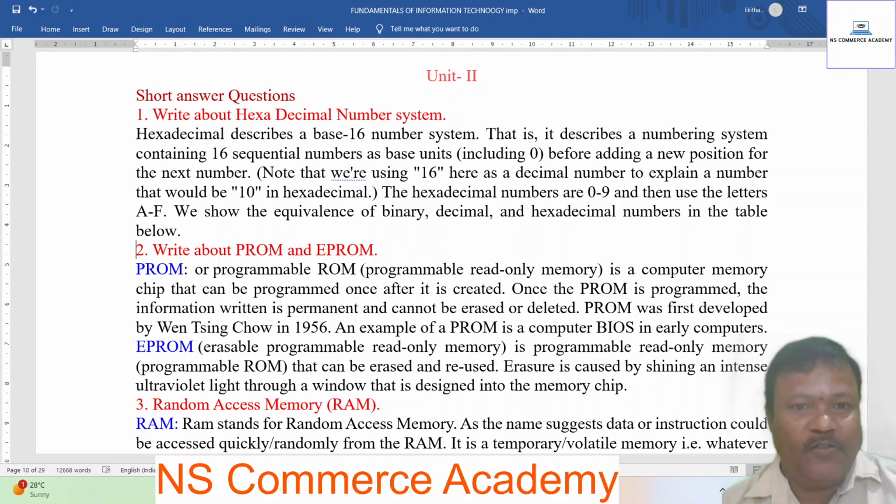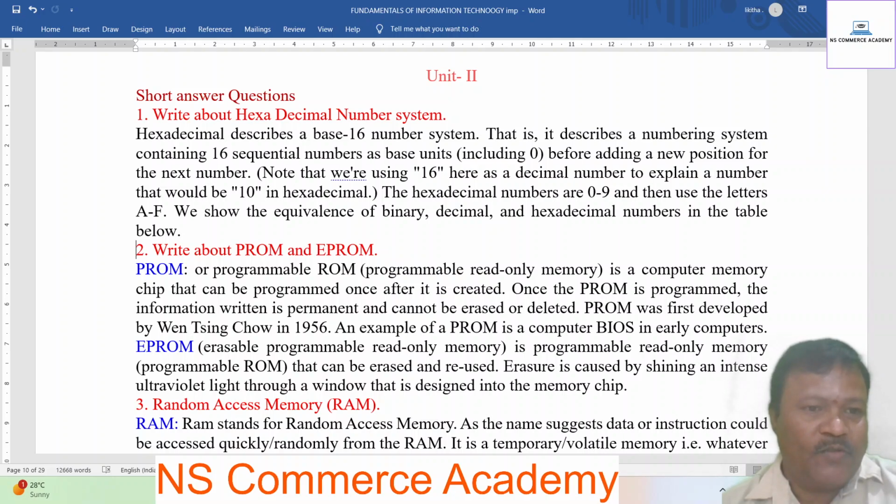Note that we are using 16 here as a decimal number to explain a number that would be 10 in hexadecimal. The hexadecimal numbers are 0 to 9 and then the letters A to F. We show the equivalence of binary, decimal and hexadecimal numbers in the table below.